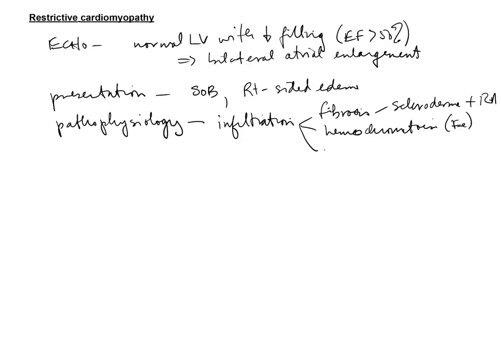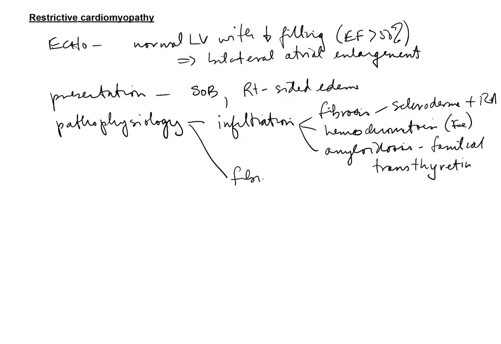And then the last of the big infiltrations is going to be amyloidosis. Usually this is secondary to multiple myeloma, but there are well-described familial conditions, the most important of which is beta-pleating of the protein transthyretin. There can be induction of fibrosis secondary to things like radiation and medications.